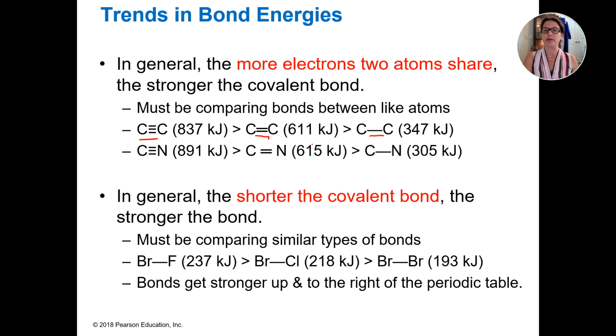If you look at the carbon triple bond versus carbon double bond versus carbon single bond, it's exponentially higher energy in the triple bond than in the single bond. Okay, that's because a triple bond is the shortest of those three and a single bond is the longest.